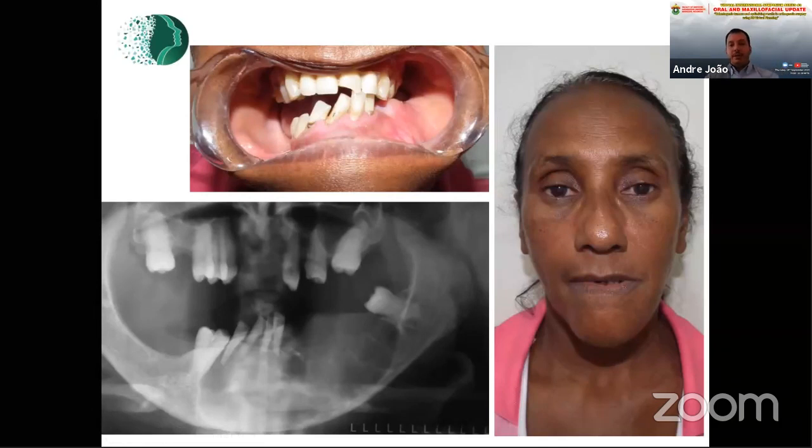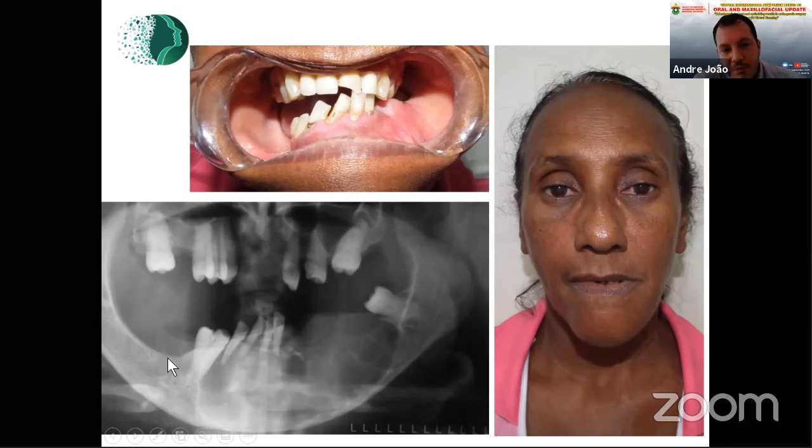Before, I showed you a case with a similar patient where I did a radical surgery. And here you can see another patient with a huge tumor. It crosses the midline and goes from almost the 38 to the 45.